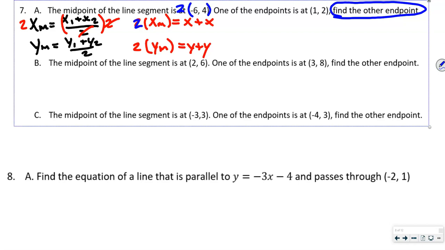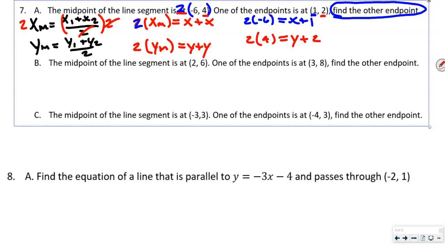Okay, so that's going to be 2 times -6. And that's going to be equal to x plus 1. See that? And the other one is going to be 2 times 4. That's going to be equal to what? And some of y'all can do this in your head, I have no doubt. This is going to be y plus 2 right there. See that?